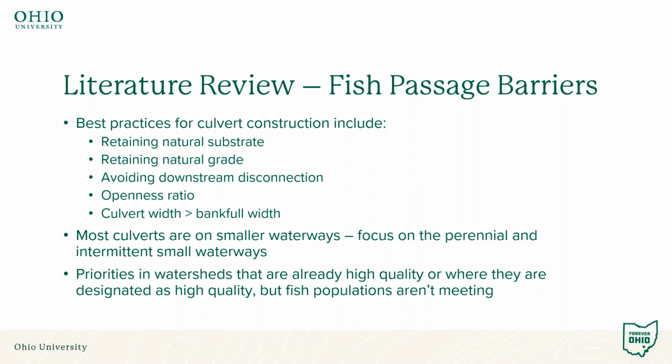Generally, in a watershed that either isn't designated as higher quality or isn't meeting that due to other factors, either due to water quality or due to habitat, that additional connectivity may not be the thing that helps improve it more. There may be other projects that would be a higher priority towards moving that water body towards a higher quality use.